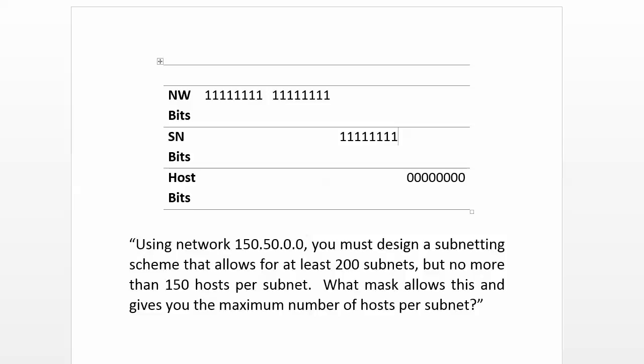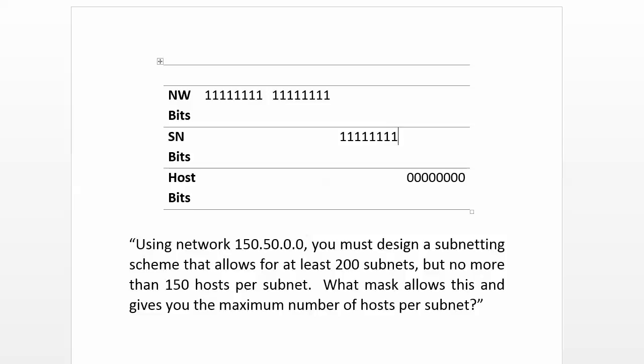It could be either one of those, right? If you're given multiple choice, we've got to know dotted decimal or prefix notation expressions, which we do. I know you know that. I also know you know that this is not the right answer because we have no more than 150 hosts per subnet. Well, if we have 8 host bits left, how many valid hosts per subnet do we have?